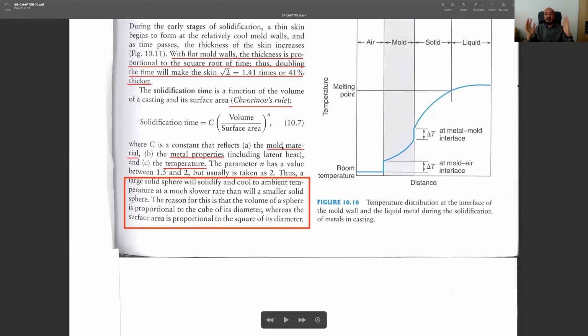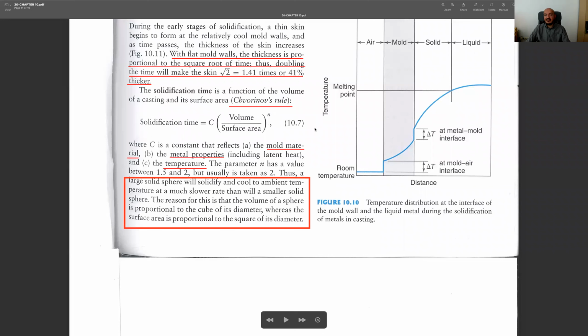First of all, the type of mold we are using is affecting C. The metal properties, the metal we are pouring into the cavity, is highly important, and the temperature of your ambient and the temperature of the molten metal, they all affect the value of C. So if you know C from maybe previous experiments, and if you have defined n, then even though you change the cast product, you can simply determine the solidification time by using this equation, Chvorinov's rule, but obviously that will be a rough estimation.